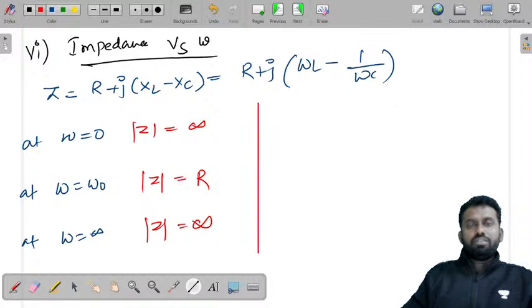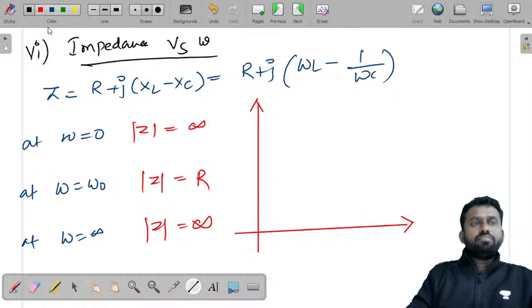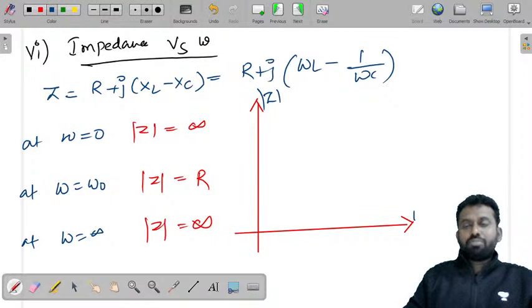So I'll try to plot this with respect to omega. This is mod Z with respect to omega. At 0 frequency you have some infinity value, and this is some value of R, the minimum value. So Z is minimum.